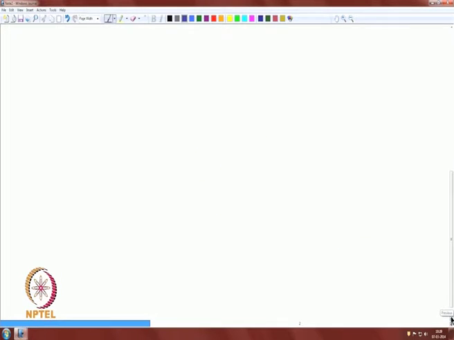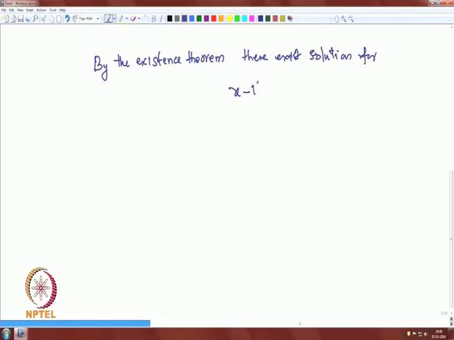So, that tells us by the existence theorem there exists a solution, in fact a unique solution, for |x - 1| ≤ 1 by 4.